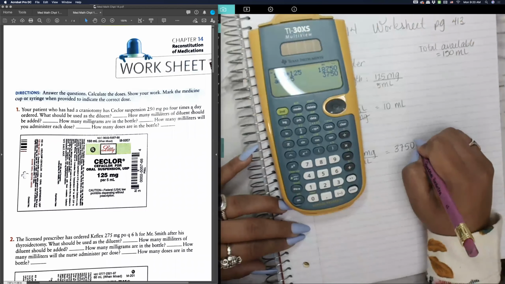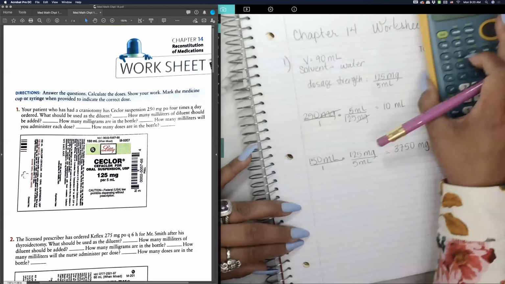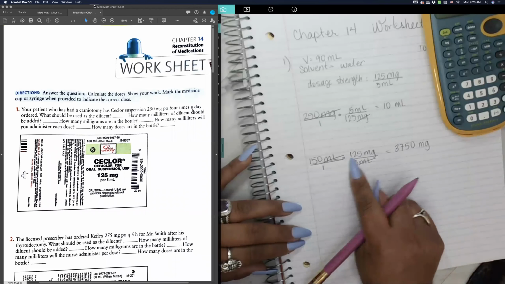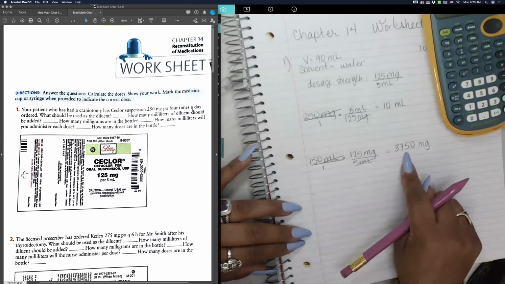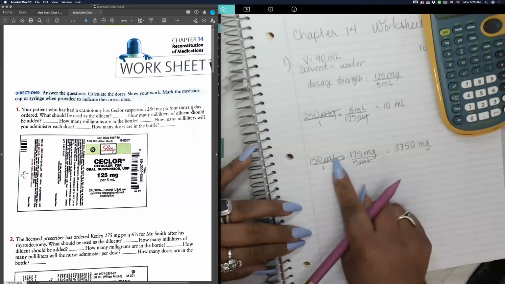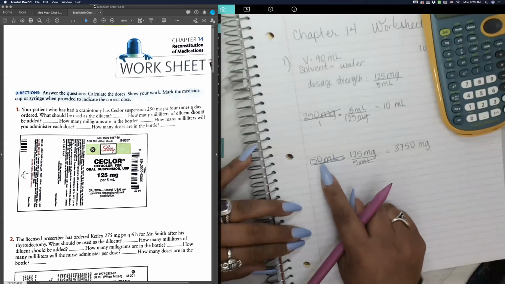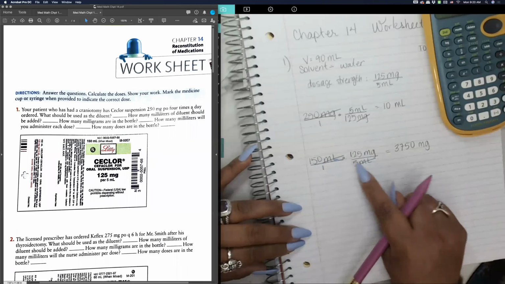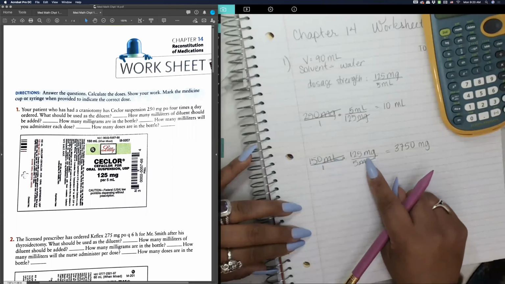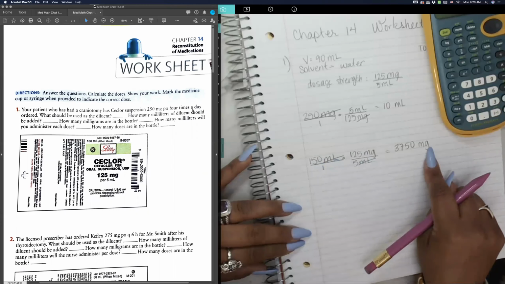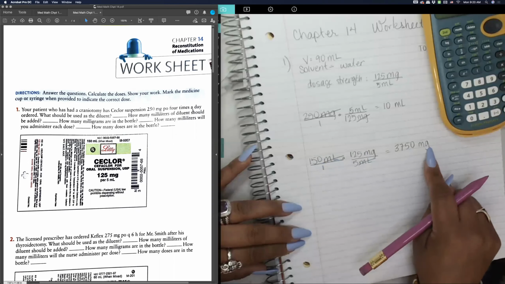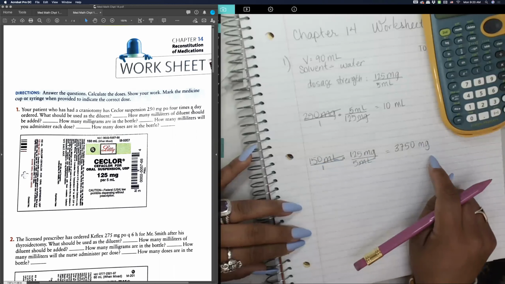My unit is milligrams. So I have 3750 milligrams available in the bottle.